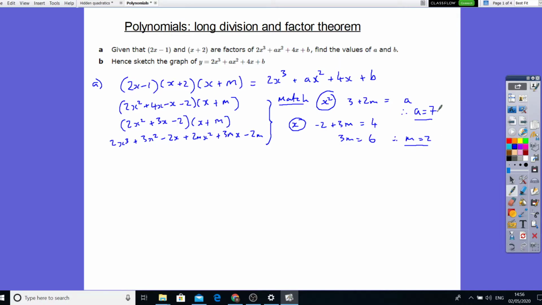Now if we match up the constants, on here the constants, the number by itself, is going to be minus 2m. On the right hand side the constant is equal to only b. Now I know that m is equal to 2, so therefore b is equal to minus 4.